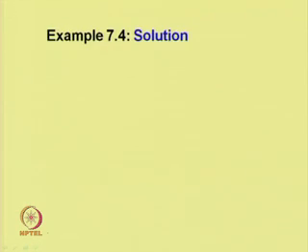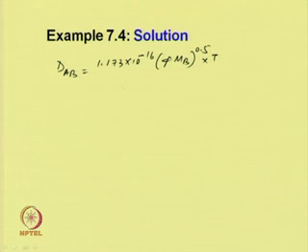So, using these values we can calculate DAB will be 1.173 into 10 to the power minus 16 into phi Mb to the power 0.5 into T divided by mu b Va to the power 0.6.